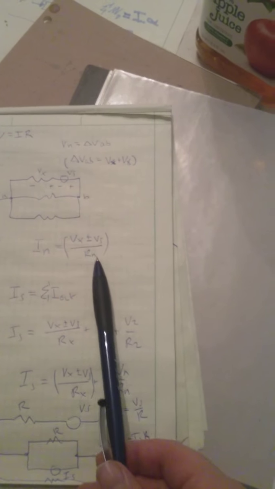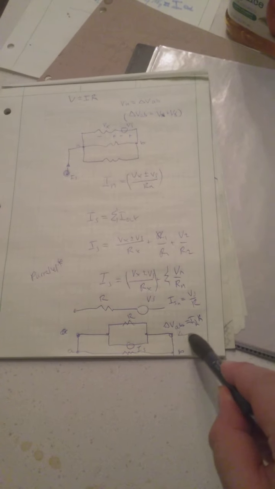Okay, so what that means is there's a conflicting answer here. The way I explained it up here, delta V A to B is Vx minus Vs. But if I just do the source transformation like this, then delta V A to B is just Is times R, where Is is Vs divided by R. So there seems to be a contradiction between the source transformation and this method that I used up here.